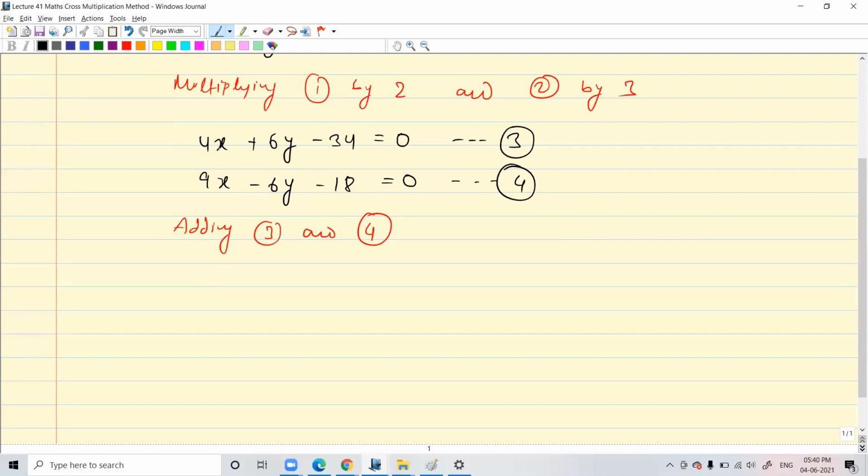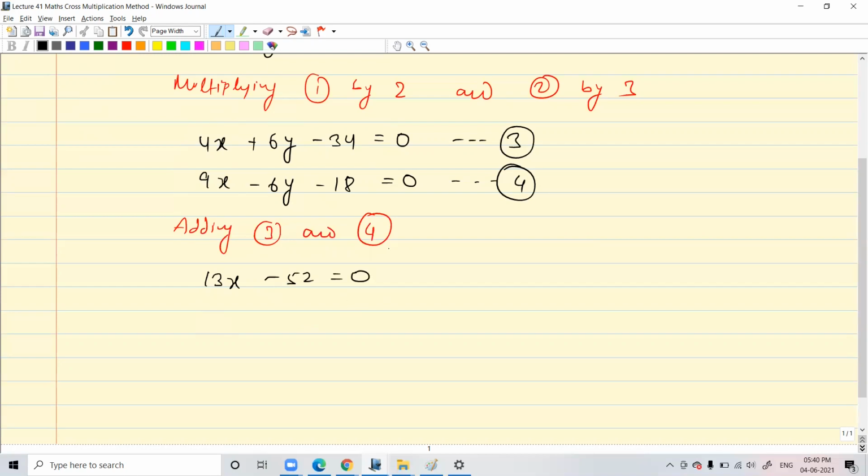So tell me, what will happen to the x when we add 4x plus 9x, right? It will become 13x. These two will become 0, so no need to write it. What about these two guys? Yes, so 13x.